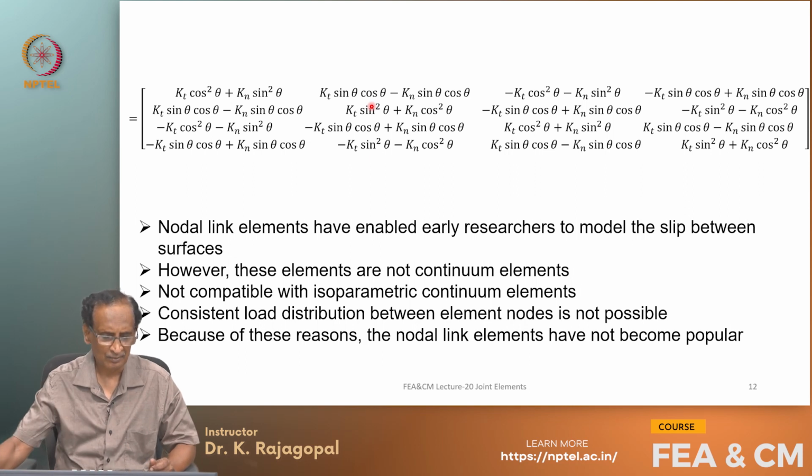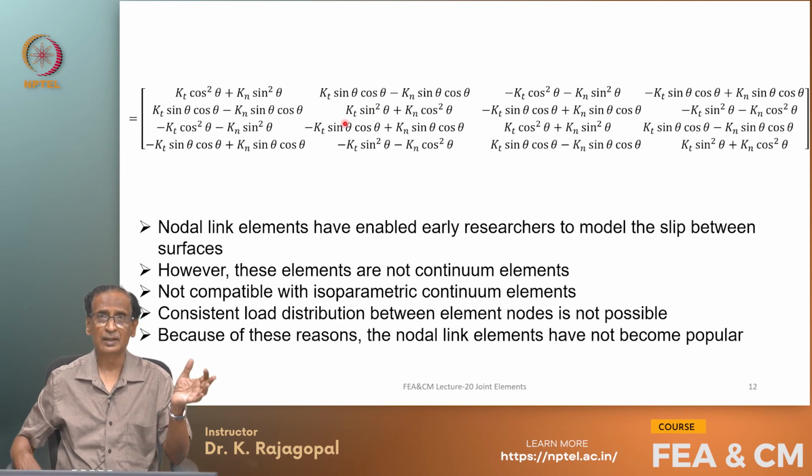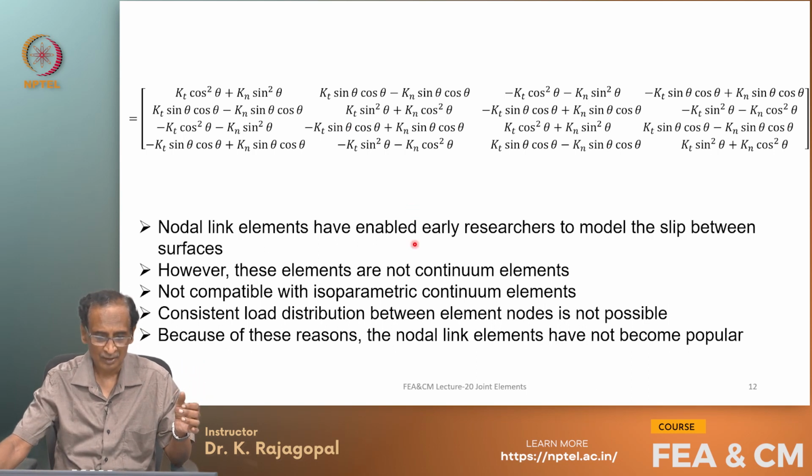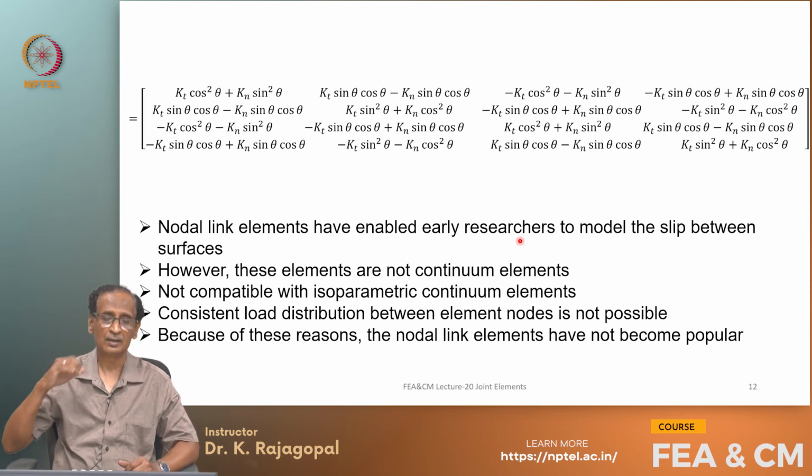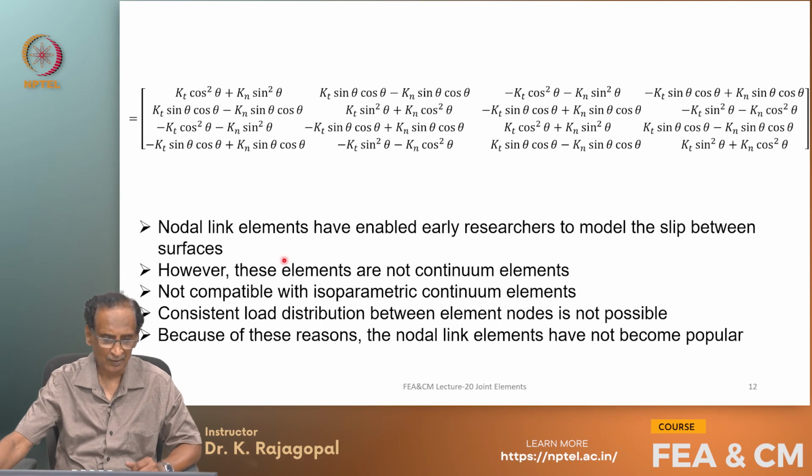And so, these nodal link elements that were developed in 1967, they enabled early researchers to model the slip between the two surfaces, the concrete and the steel. However, these are not continuum elements.